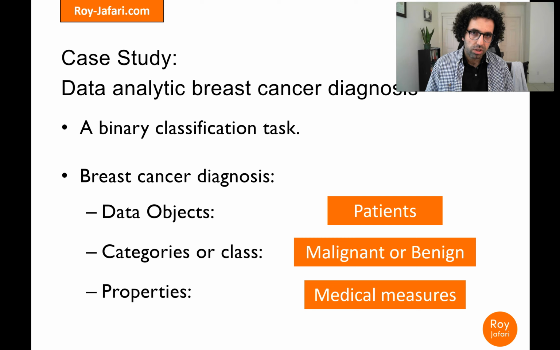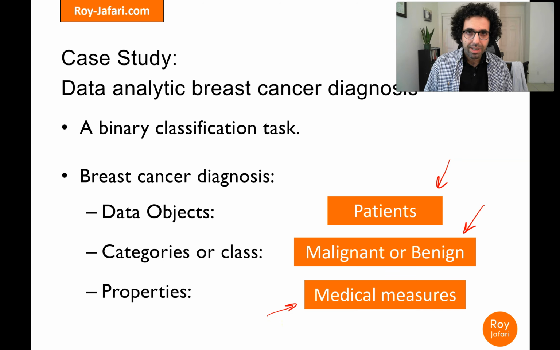In this task, our data objects are patients, our categories are whether the case of cancer is malignant or benign, and the attributes we are using to find a connection between the independent attributes and the dependent attribute are the medical measures.